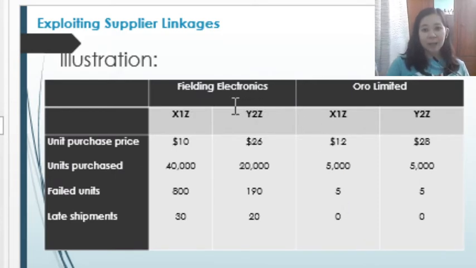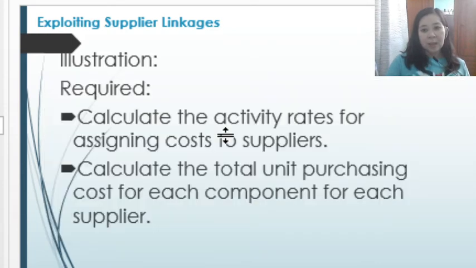Here we have these two suppliers, Fielding Electronics and Oro Limited. Their purchase price, units purchased, failed units, and late shipments data are provided for these two parts. For the requirements, we have the following. The first is to calculate the activity rates for assigning costs to suppliers.